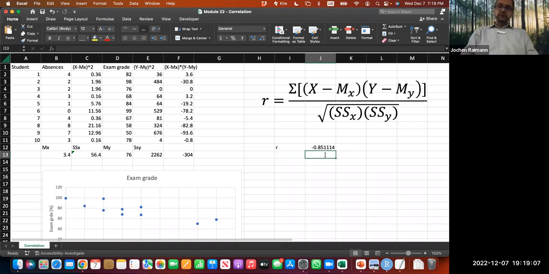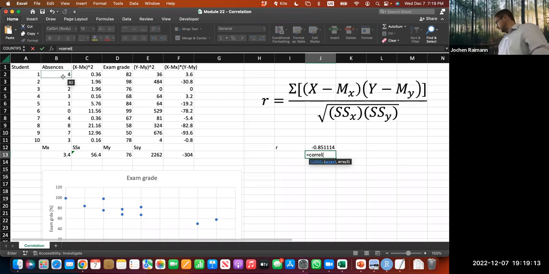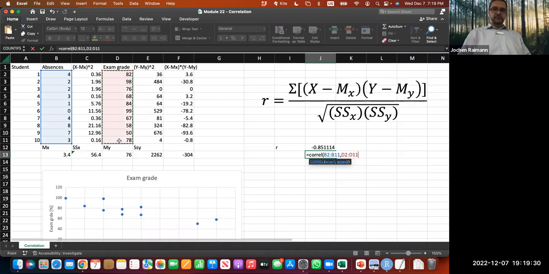So alternatively, you can also use an Excel function here, obviously. CORREL will basically prompt you to enter array 1 and array 2. Array 1 is the X, array 2 is the Y. We're selecting absences 1 to 10. We select the exam grades 1 to 10.